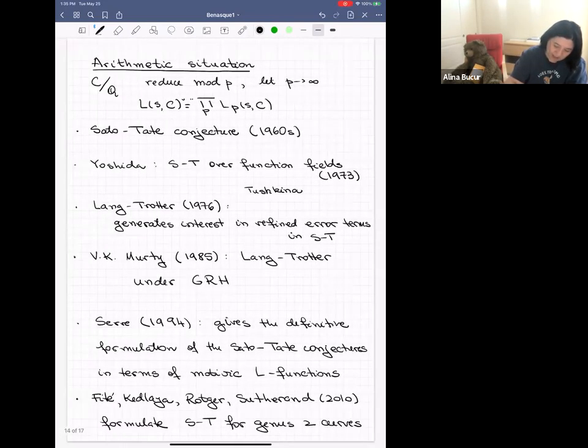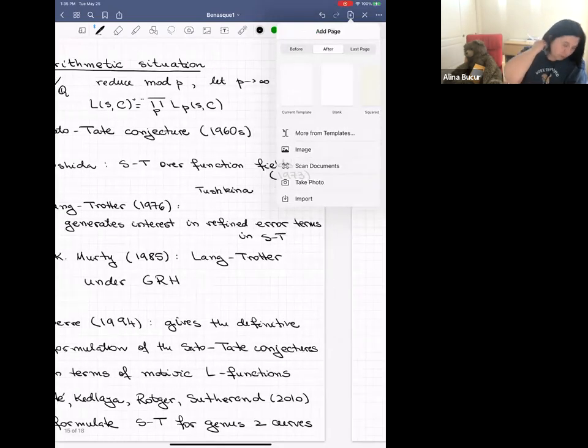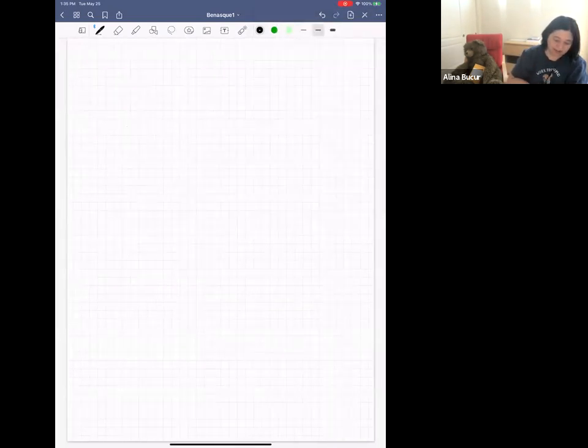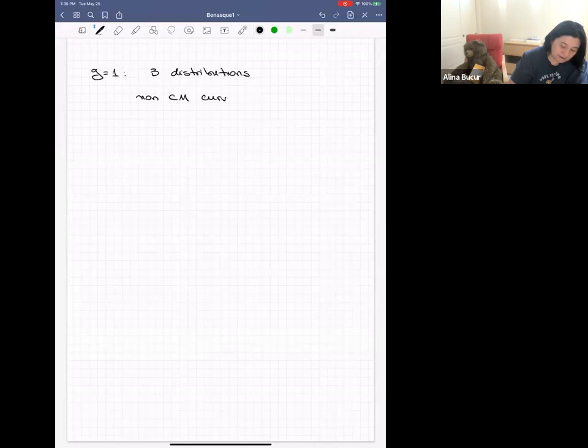And maybe I should give you an idea about the order of difficulty of formulating these things. So for genus 1, you get three possible distributions. One is for non-CM elliptic curves, because genus 1 we're talking about elliptic curves.